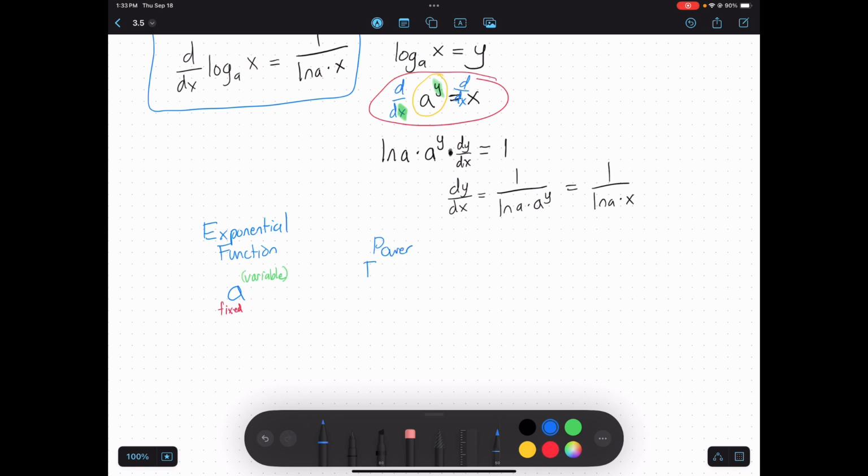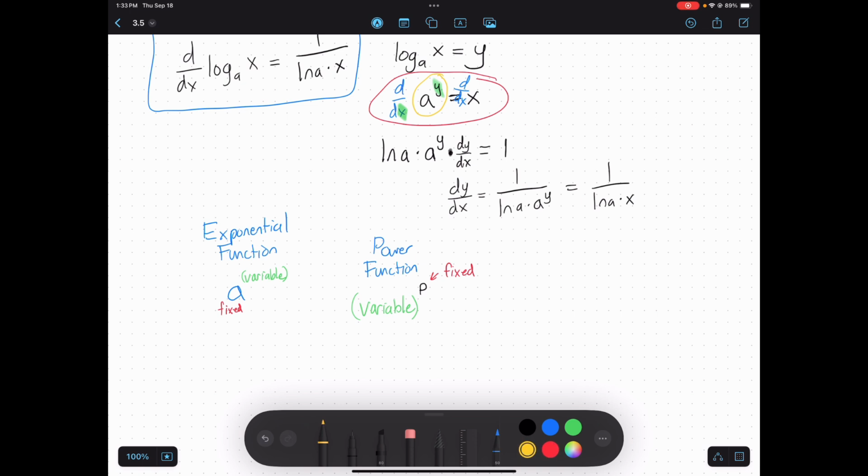That's much different than a power function. A power function is the exact opposite, where your variable is the base that's being raised to a power, and that power is fixed. So hopefully you can see the difference between these two. The homework likes to throw both at you so that you have that chance to distinguish which one requires the power rule and which one requires my exponent rules.